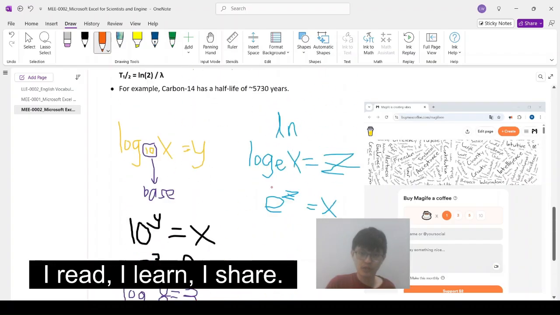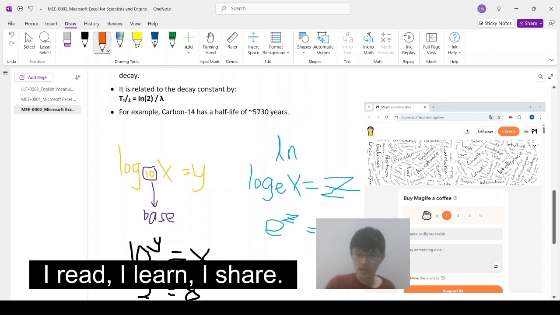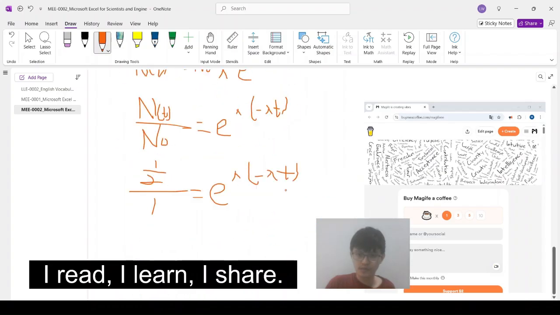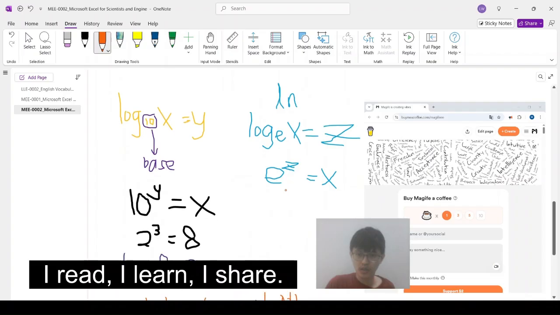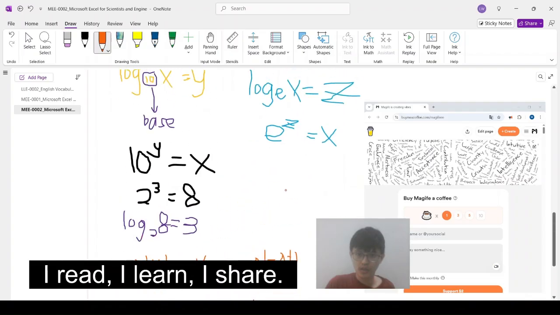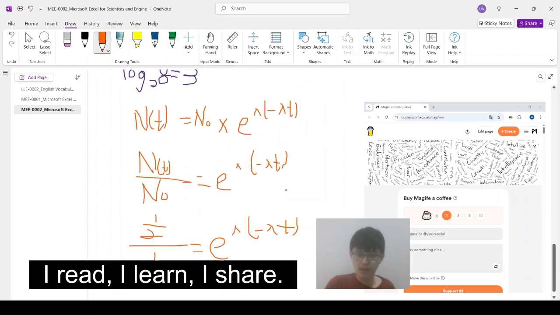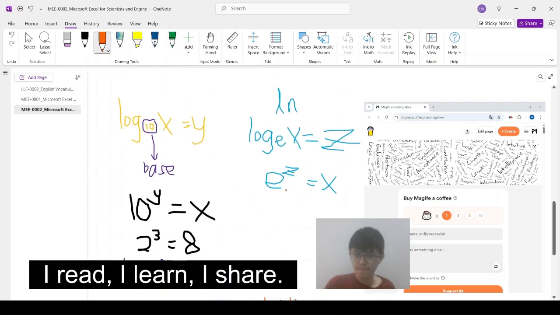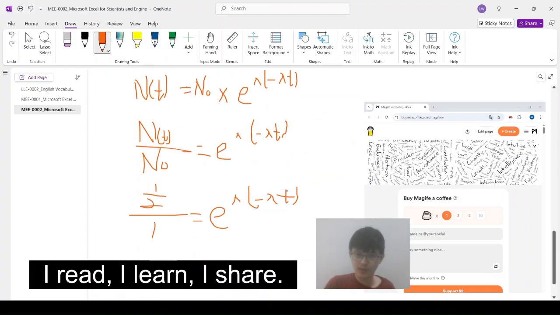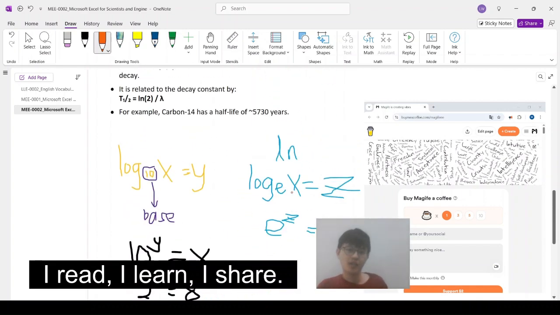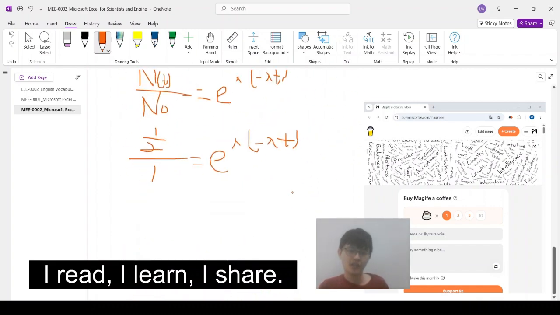So now we change it to log e. We make it into an equation in terms of the logarithm, which is log e.